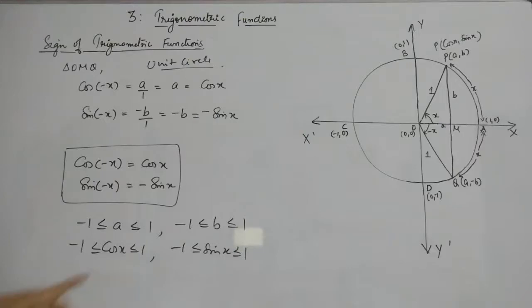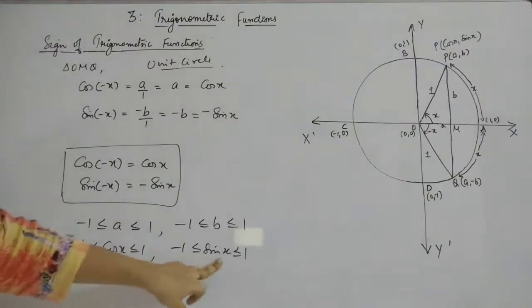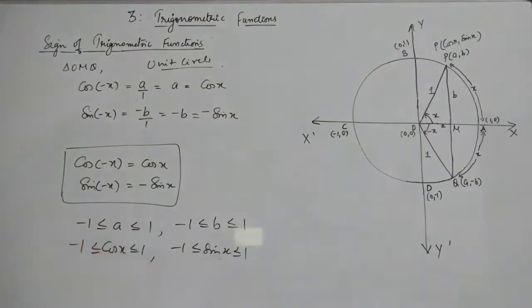The maximum of cos x is 1, and on the left-hand side it is negative, so the minimum is minus 1. The same holds for sin x also.